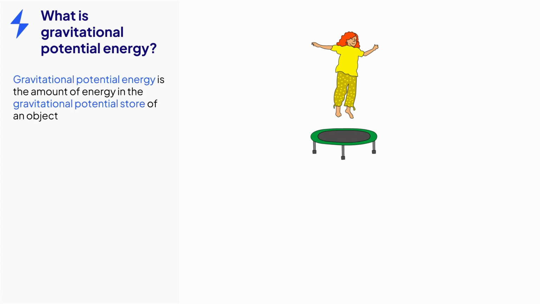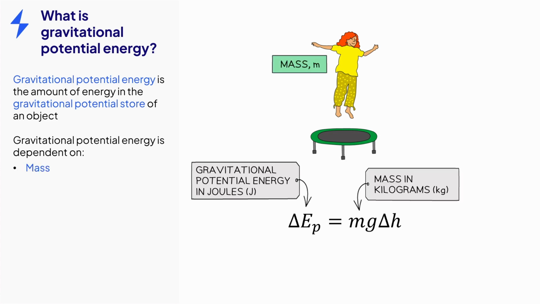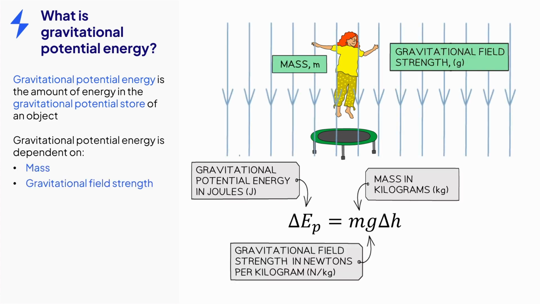So what is gravitational potential energy? It's the amount of energy in the gravitational potential store of an object. The amount of energy an object has in its gravitational potential store is dependent on three things: the object's mass, the gravitational field strength in that location. Remember that the value of g varies depending on where you are in the universe.